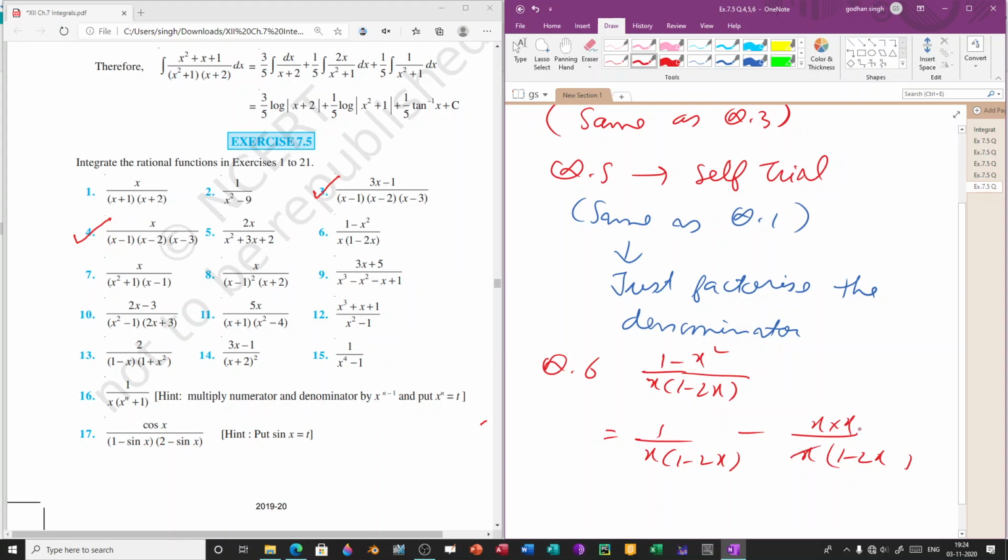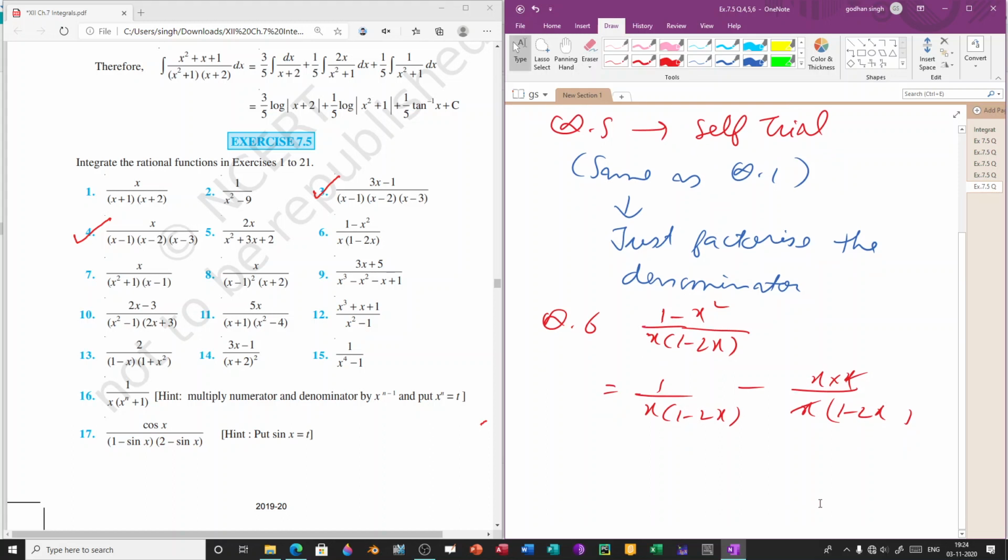Here x and x cancel out. You can see that the first part is clearly a proper fraction, and the second part is still not a proper fraction. So we can either divide or simplify it somewhat more. This can be written as 1 by x into (1 minus 2x).